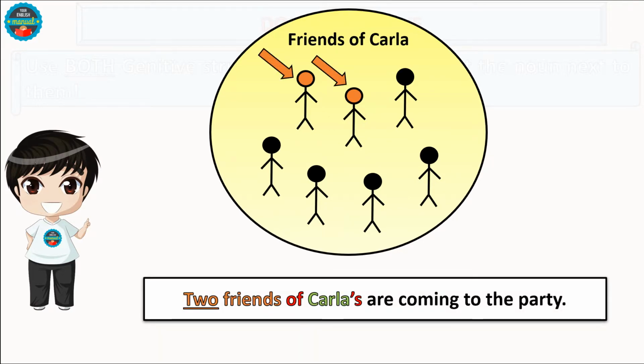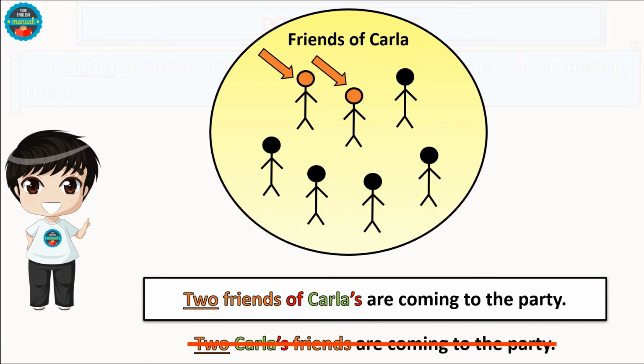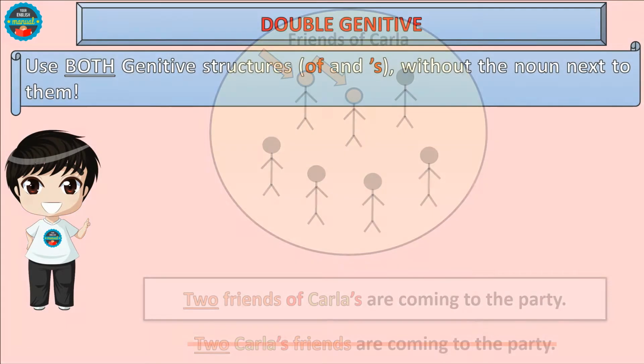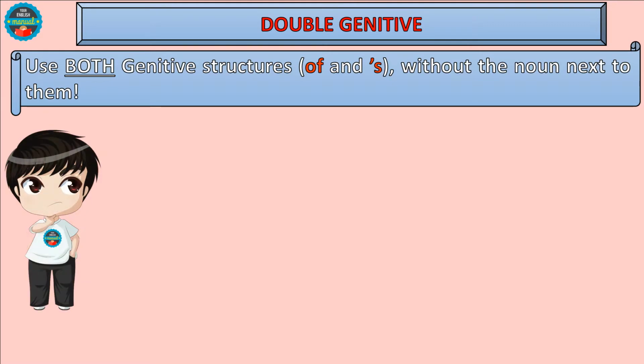We can't say two Carla's friends are coming to the party. Well, you can kinda see how it implies that we're talking about a part of the whole, right? Well, maybe that's not the correct explanation of where this structure came from, but it's a possibility.